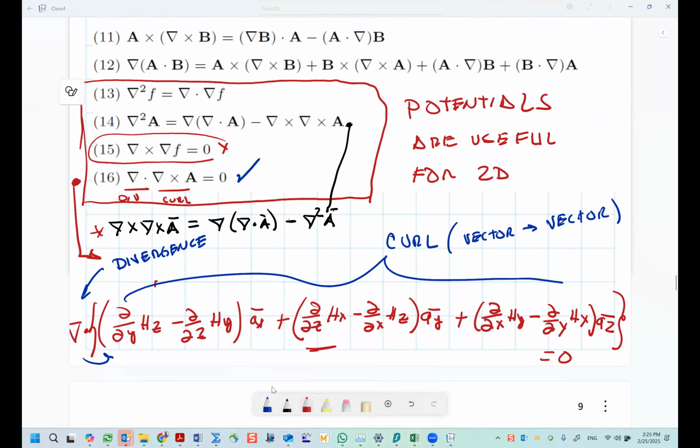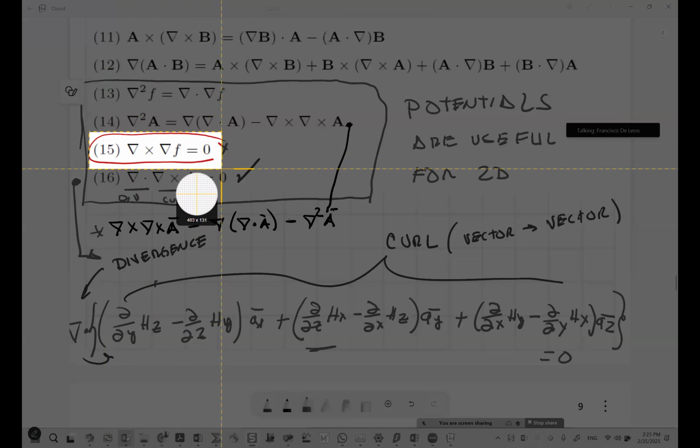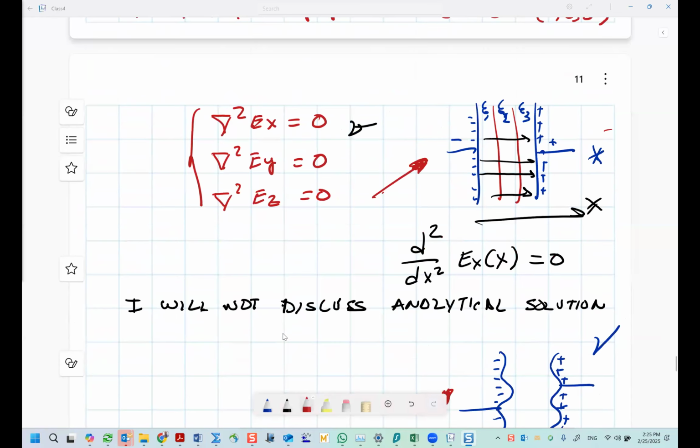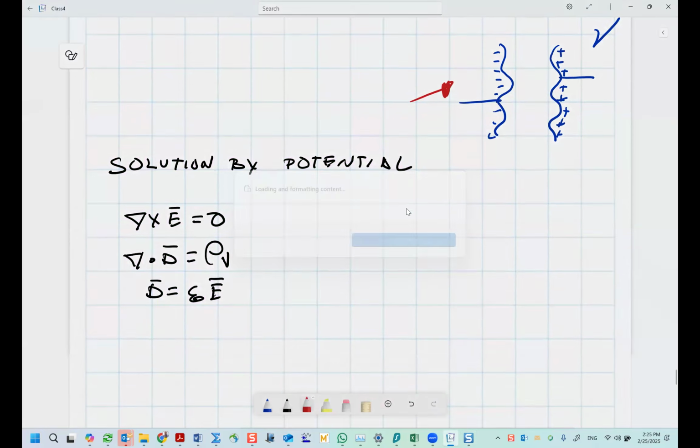I can capture it like this, copy, and paste here.